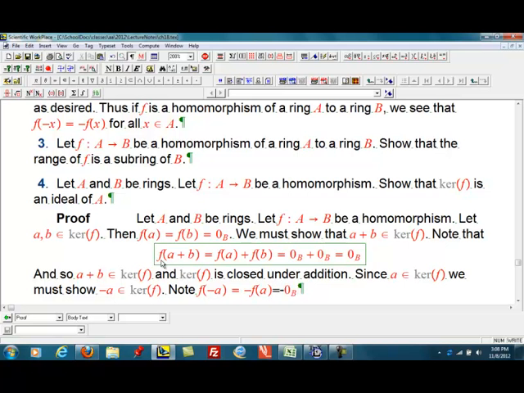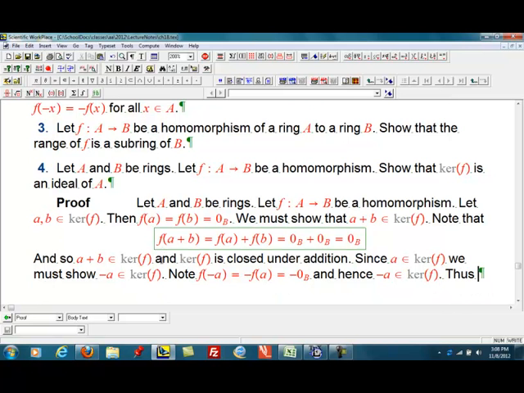Negative 0. So what does that tell you about negative A? It's in the kernel of F. So, thus, the kernel of F is closed with respect to negatives.